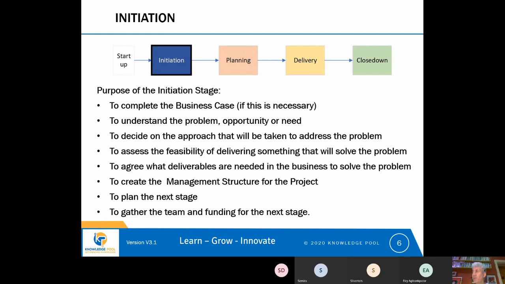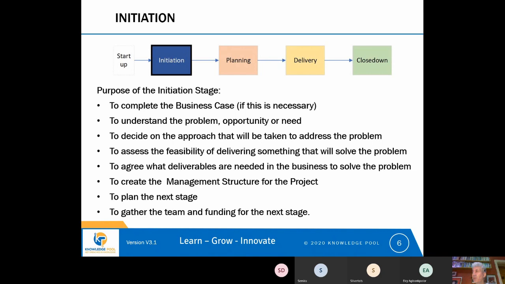So very often during the initiation stage, one of the activities is to validate the business case. If we have a business case, we need to validate it and make sure that it makes sense. Does it actually justify the project? Once we have a valid business case, it would be good practice to review it at all stages through the project, at least until we are a long way through the delivery stage.